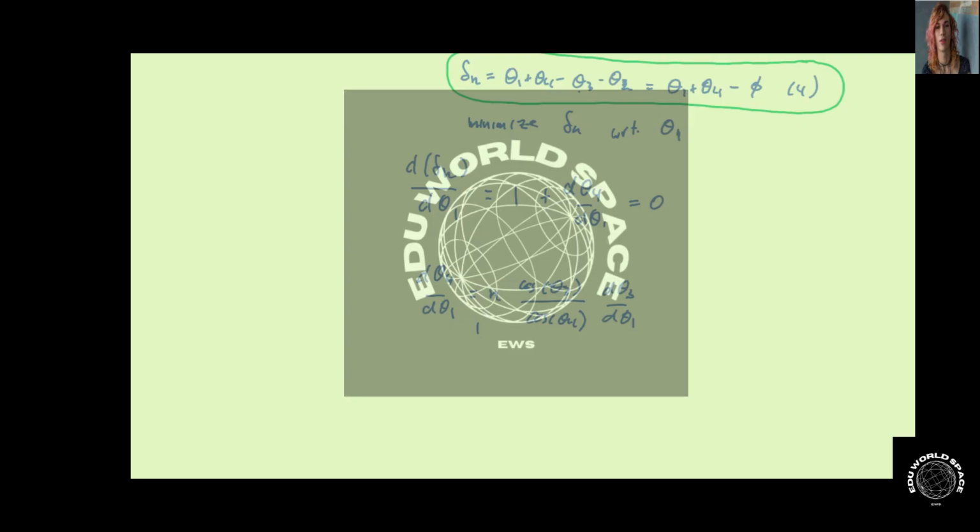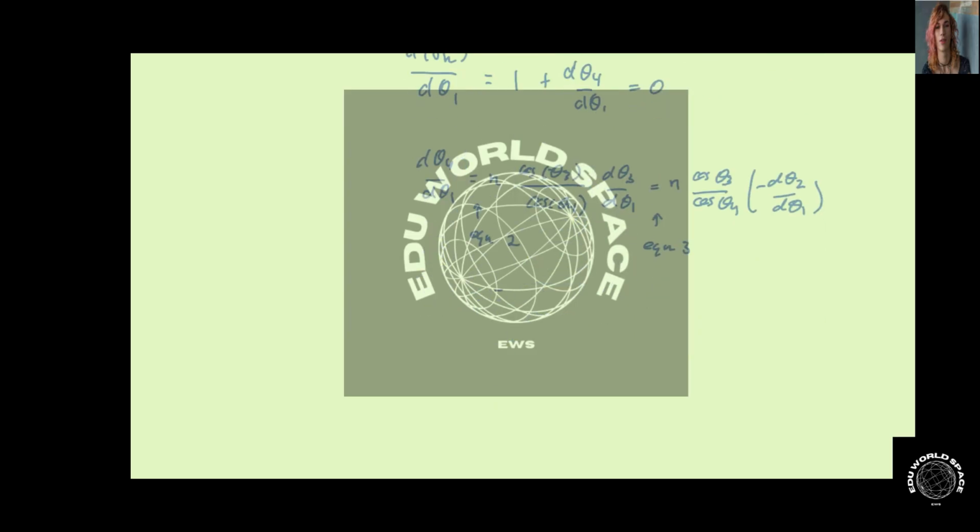So the first equal sign comes from equation 2. And the second equal sign comes from equation 3. And the third equal sign comes from equation 4, equation 1.